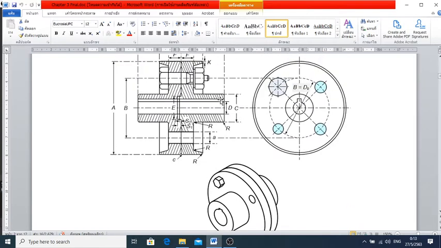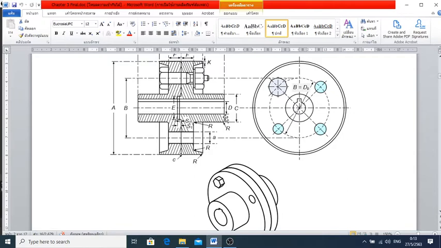So the hole there is going to be the minimum, because if we go and buy a piece of coupling, things like that, the manufacturers just make it in terms of minimum diameters for the holes there, because you can then enlarge it up to the maximum.